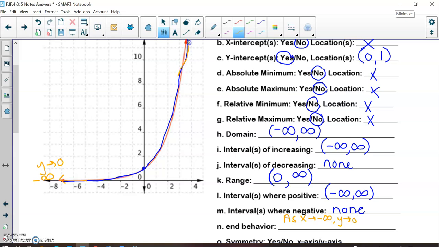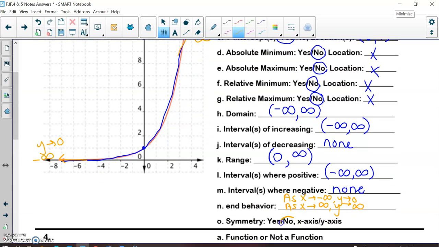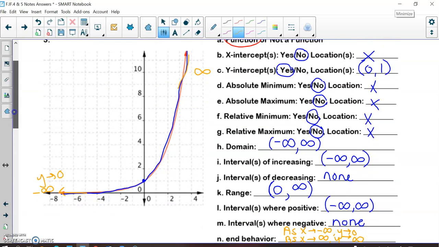And as x approaches infinity, y is also approaching infinity. And then lastly, does this graph have symmetry? No, if we folded this graph in half, it would not match exactly.